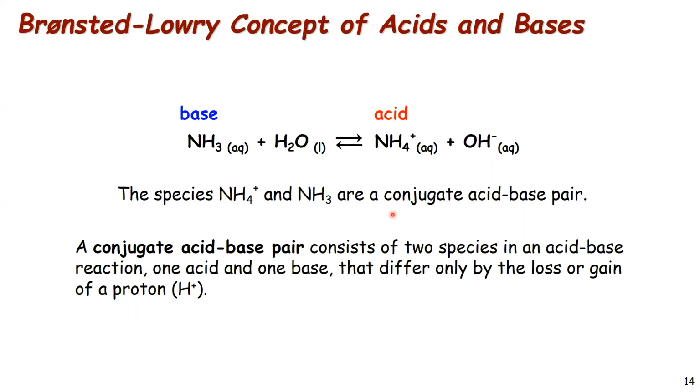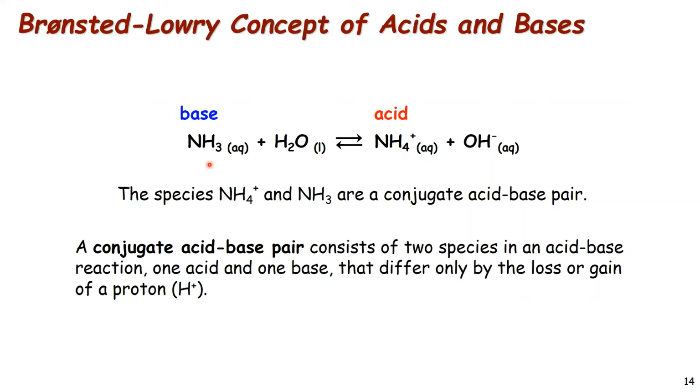Well, we call this a conjugate acid-base pair. The only difference, this is really important, you might want to write it down. The only difference between a conjugate acid-base pair is H+. If you go from a base to form its conjugate acid, you add H+. If you go from an acid and you want its conjugate base, you subtract H plus.